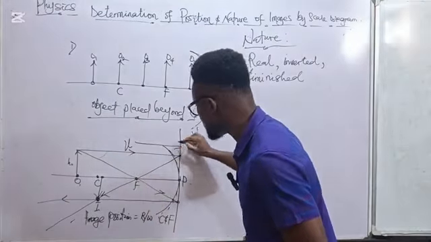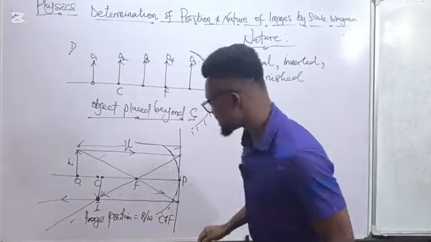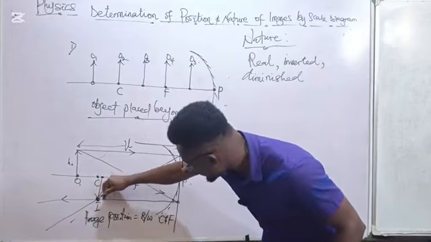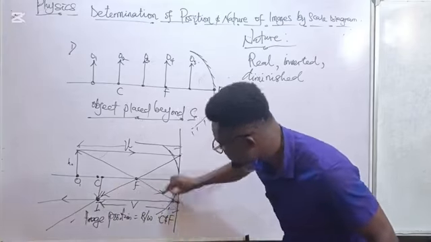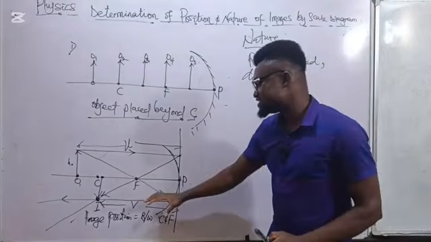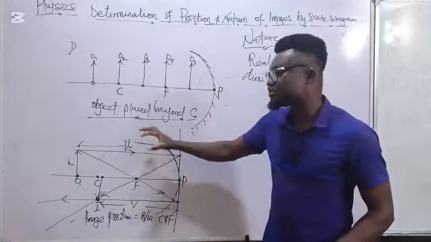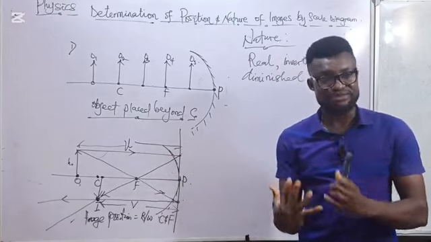Now, from here to this point is the object distance. But look at the image distance, from here to the mirror. You now see that the image distance is less than the object distance. So the size is diminished.